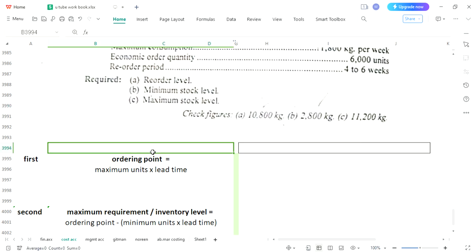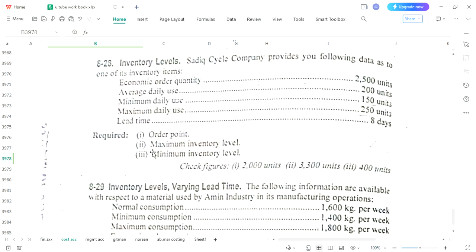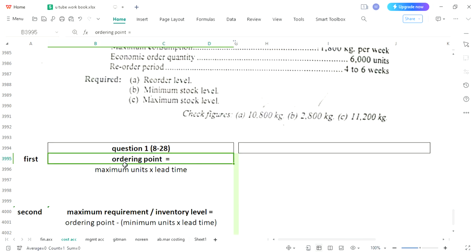This is your question 1, that means 8.28 would be solved over here. Now we are focused on our first calculation, which is how many maximum units are needed, and then we will multiply by lead time. Lead time would be different for every requirement.